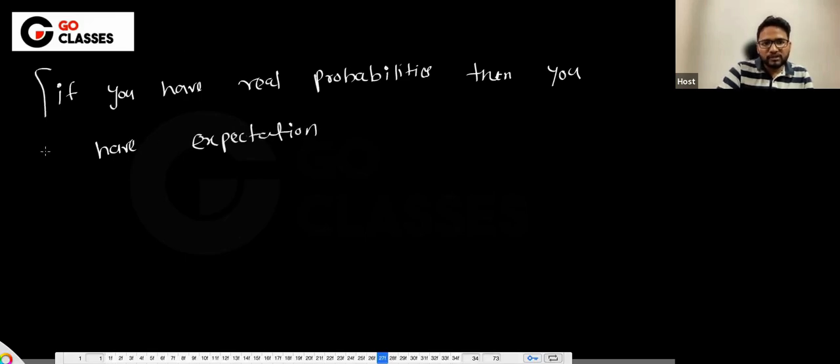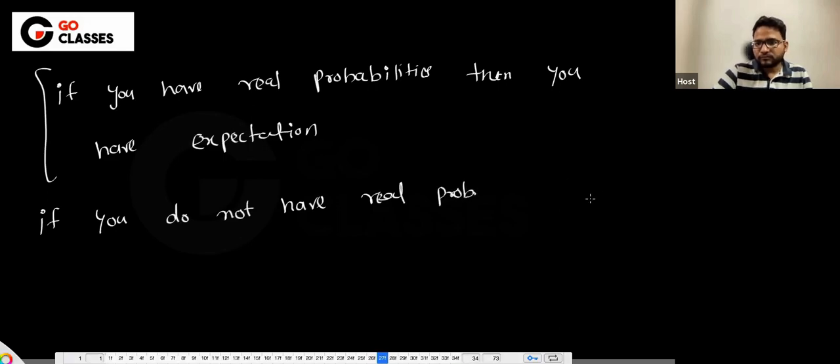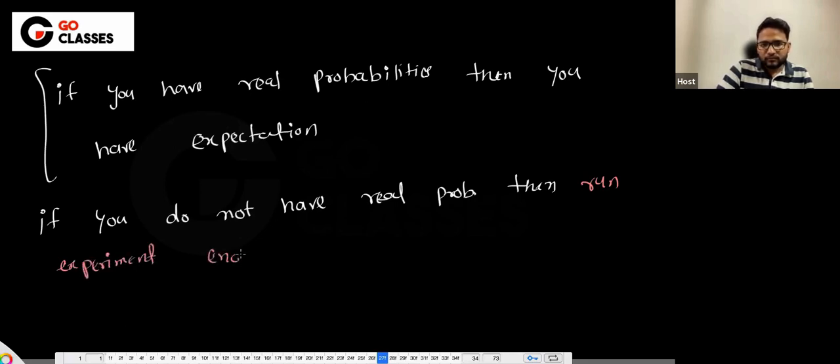If you do not have real probabilities, then do one thing. I mean, yeah, you have the average, but then at least run your experiment enough number of times. Then run experiment enough number of times, then take average.